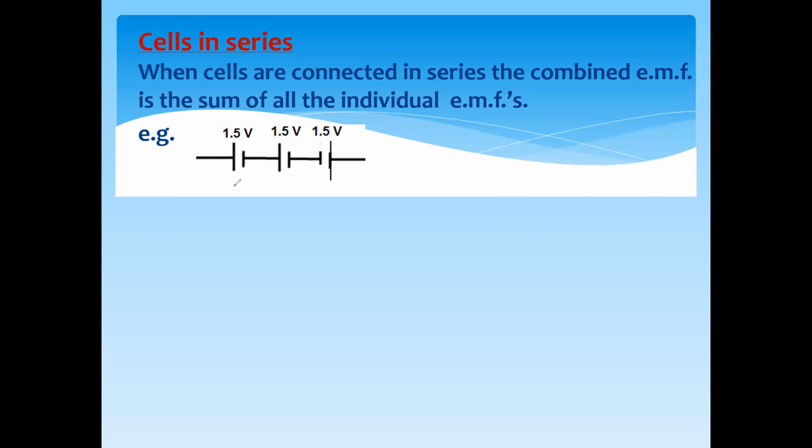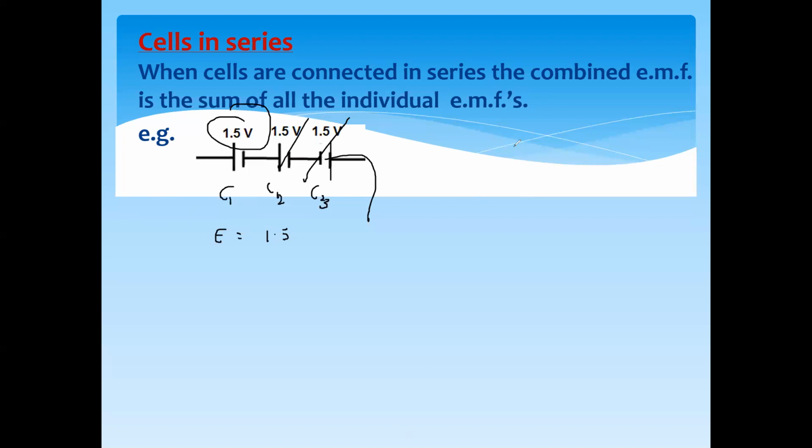So you can see, if I say this is cell 1, cell 2 and cell 3. Cell 2 and cell 3 are trying to transfer energy in opposite directions, so they cancel each other out and they are equal. So we are left with only a net 1.5. So the combined EMF of this combination is only 1.5.